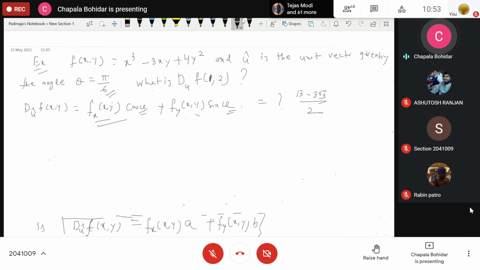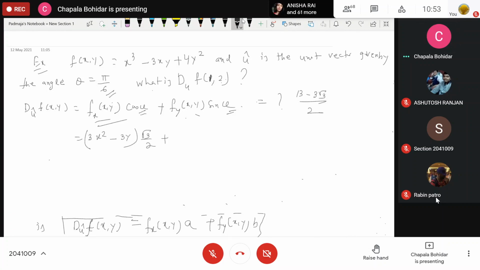All solved. I am asking all of you, anybody have doubt? What is fx? Fx is equal to 3x square minus 3y, whole into cos theta. Cos theta is cos pi by 6, which is root 3 by 2.